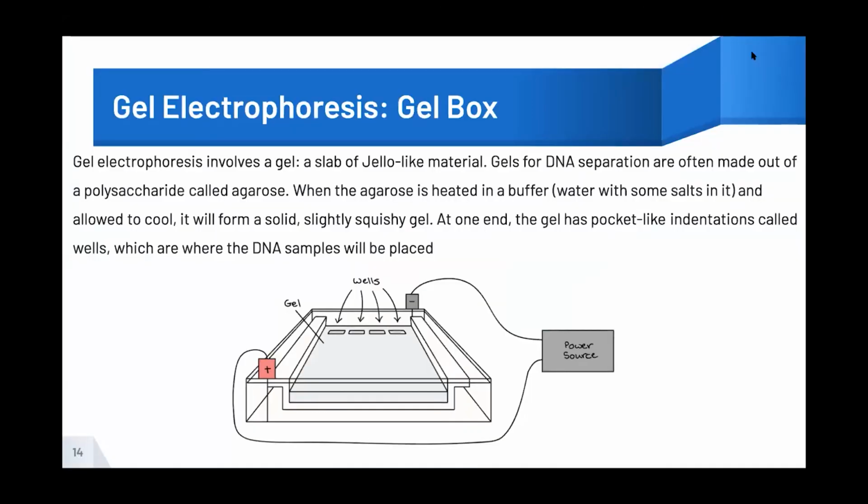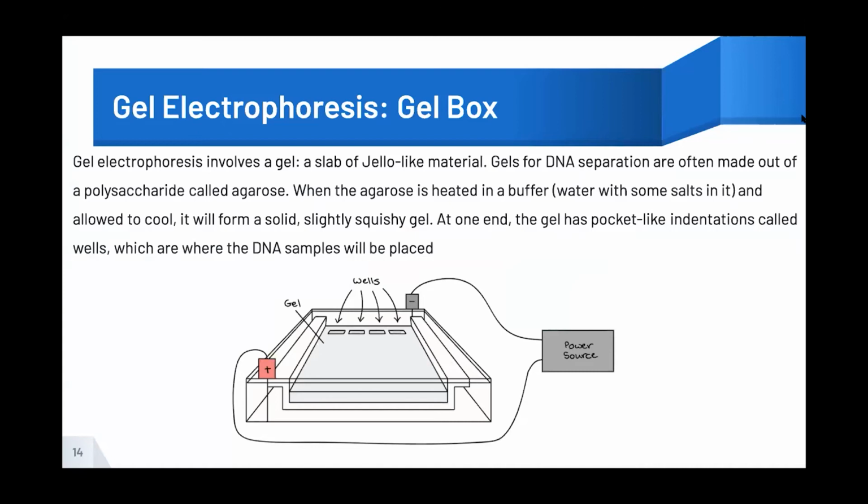All right, so if we look closer at what gel electrophoresis actually looks like, well, there's a gel, but more specifically, the gel is made out of a polysaccharide called agarose, which when heated in a buffer, forms the squishy substance. Yeah, agarose like agar.